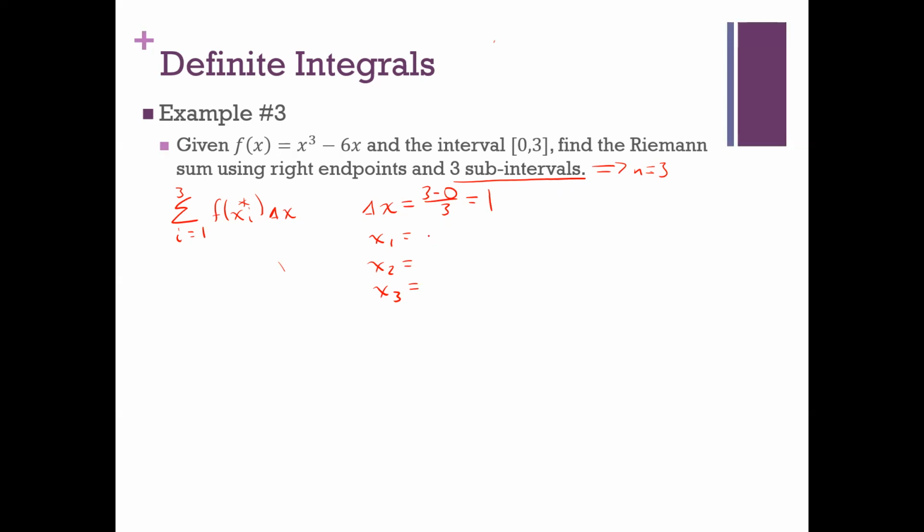I just want the input so far. Yeah, 1, 2, and 3. So my little subintervals are going to be 0 to 1, 1 to 2, and 2 to 3. So the right end of each one of those is 1, 2, or 3.